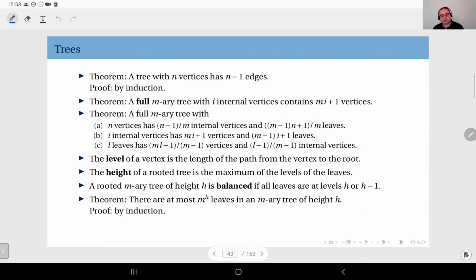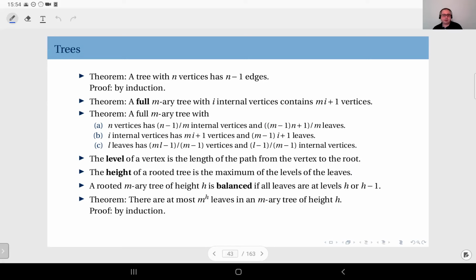Now, based on the definition of a tree, we have a number of results here, which I will not go into the details of, but most of them can be proven using basic algebra or induction. So I'm just going to give them. A tree with n vertices has n-1 edges, and that's quite trivial because you start with the basis case of a single vertex, which will have n-1 equals 0 edges.